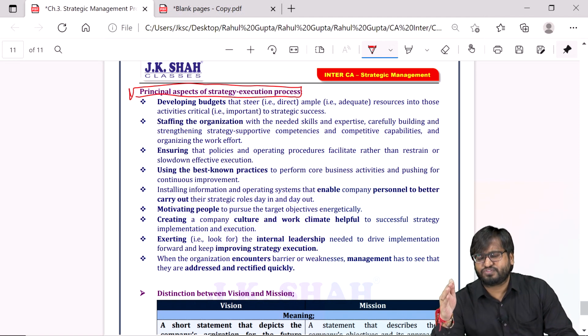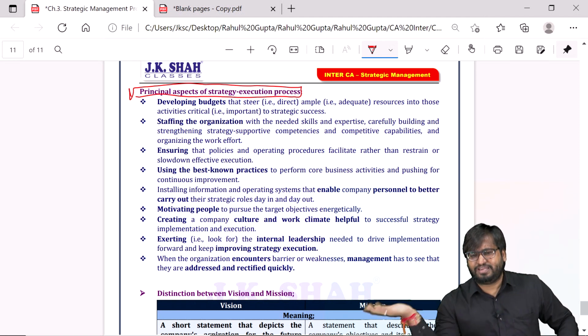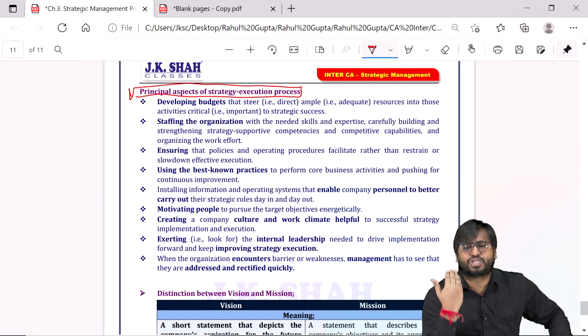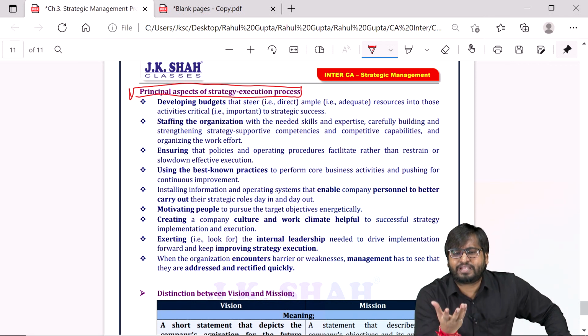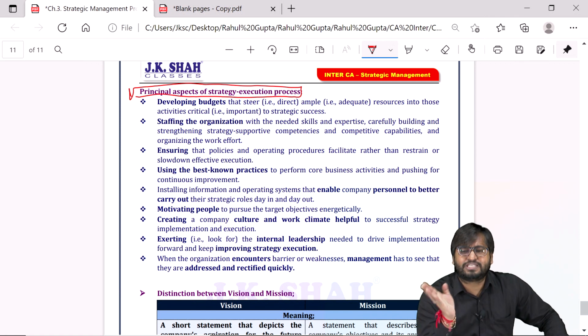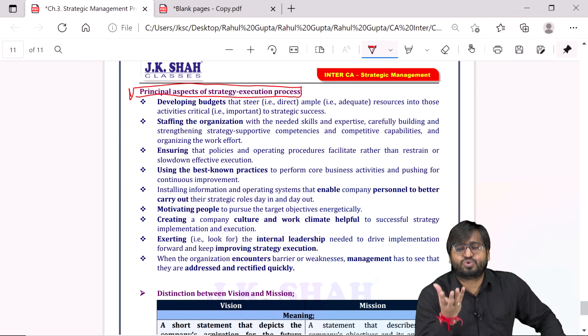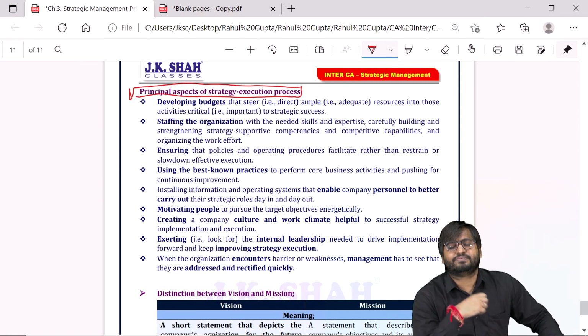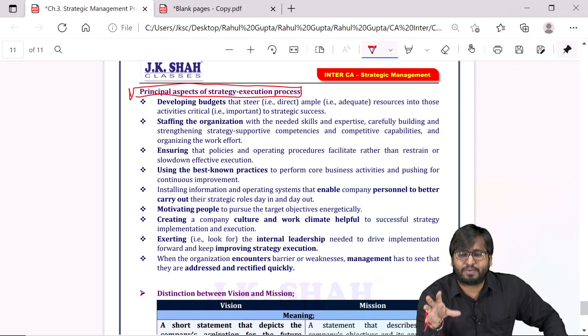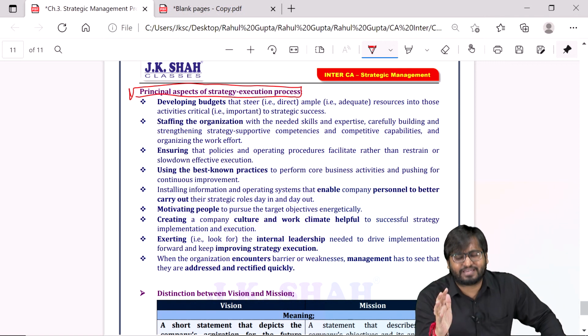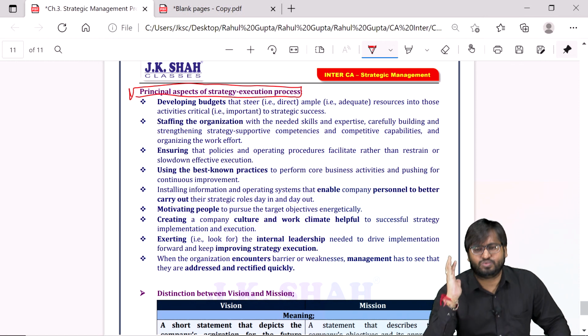On the basis of that, we will ask our production team to produce that quantity. Once we know how much production is to be done, we will ask our purchase team to purchase the required raw materials. We will ask the finance team to provide the necessary money to the suppliers. So, this budgeting will help us plan our production schedule.